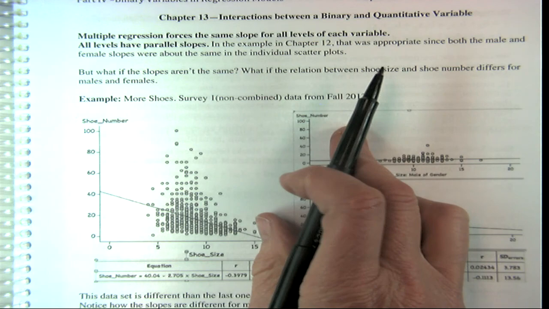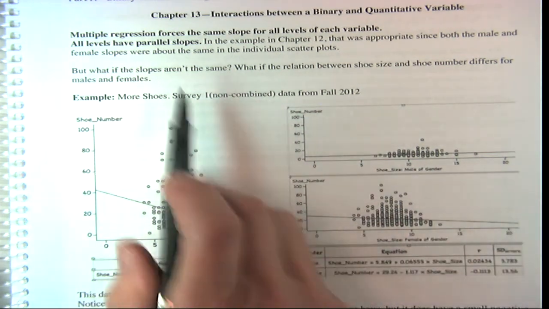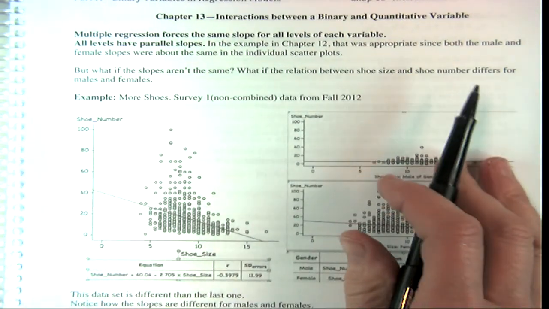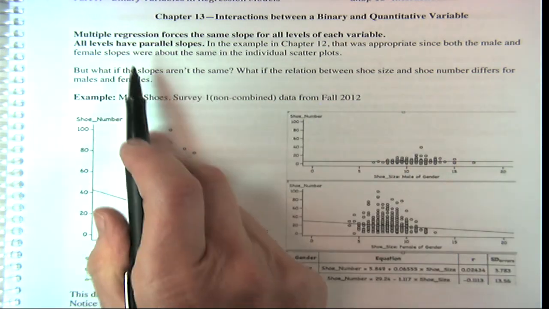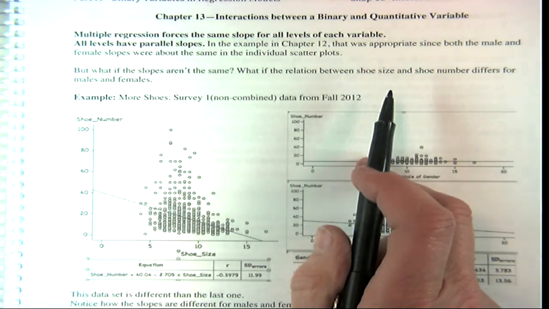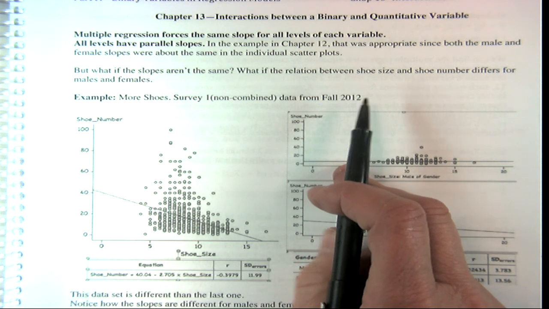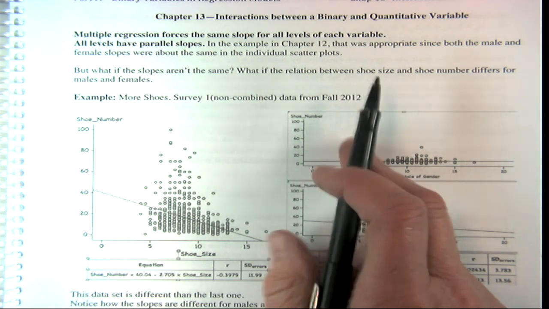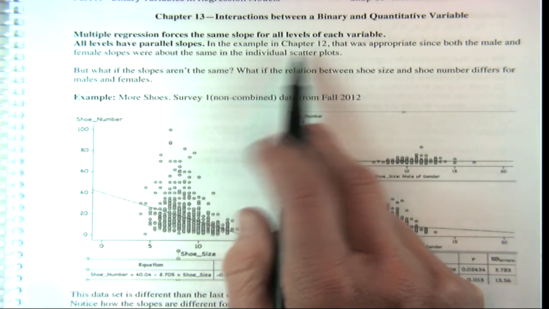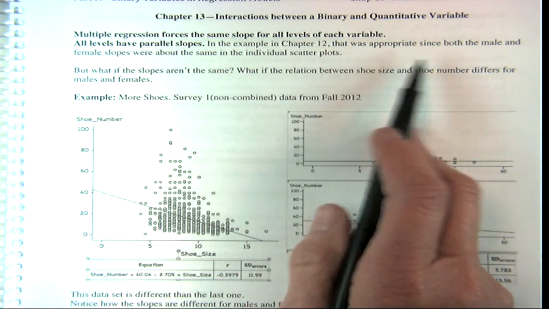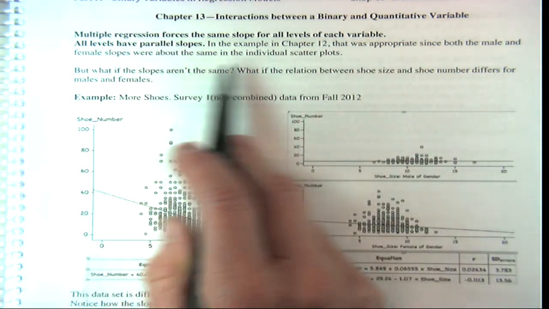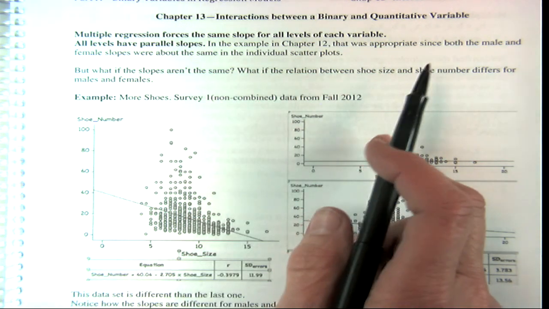This is chapter 13, and it says multiple regression forces the same slope for all levels of each variable. All levels have parallel slopes when you control for the other variable. In the example in chapter 12, that was appropriate since both the male and female slopes were about the same in the individual scatter plots.